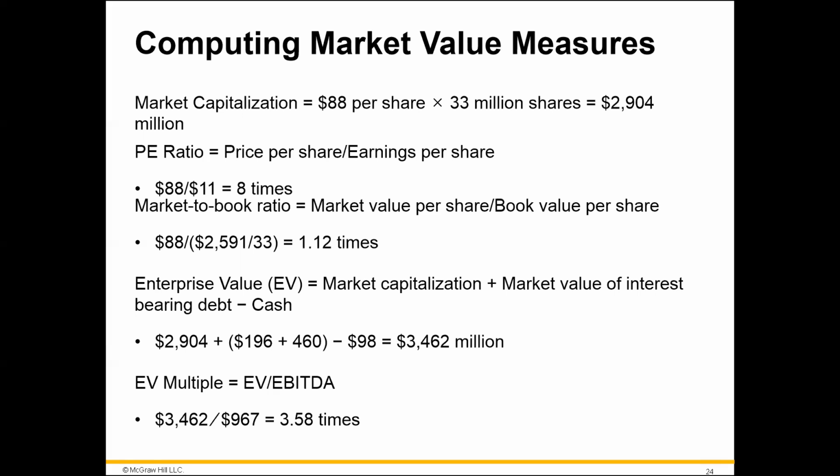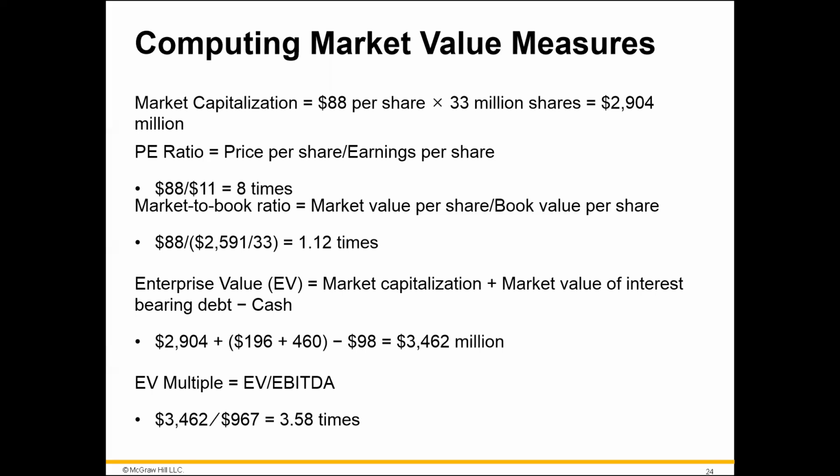For example, the market cap is the number of shares times the price per share. Generally speaking, if we measure the total market value of the stock, we can calculate the market cap, right?